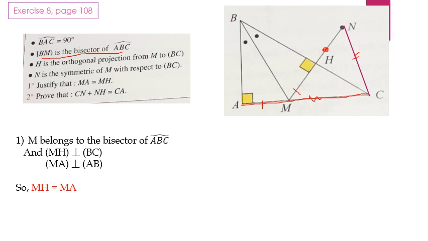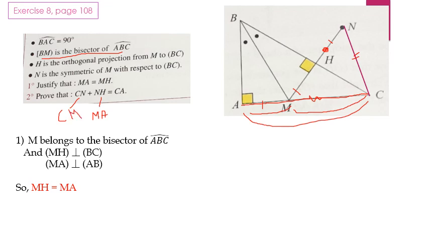But since AM equals MH, we proved it before, and N is the symmetric of M with respect to H, this means that NH equals MA. Here we proved NH equals MA. But CA, here CM is divided into two segments, CM and MA. We found MA, so I have to prove that CM equals CN.